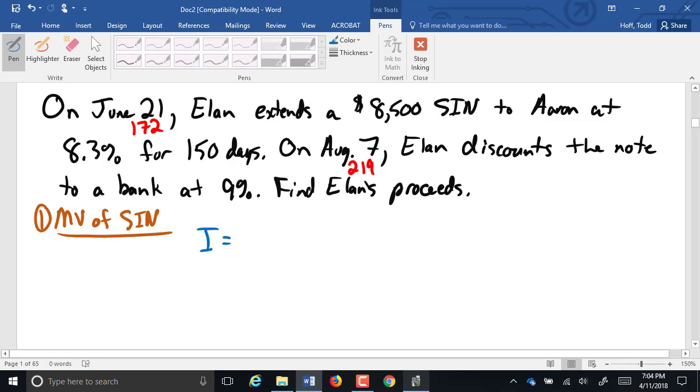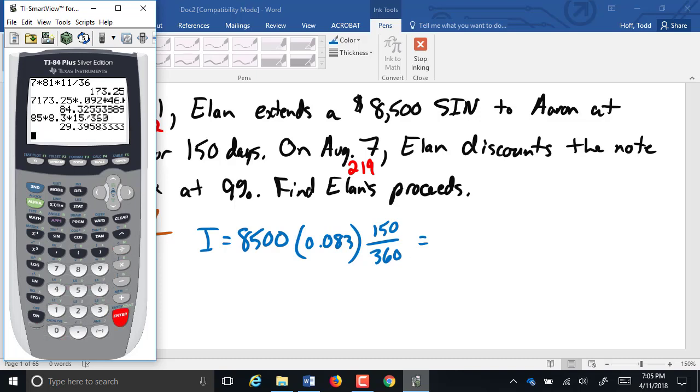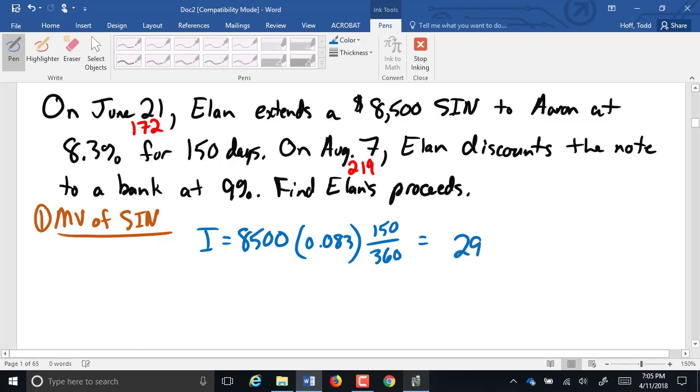Interest is going to be the $8,500 principal times 0.083 for the 8.3% times 150 over 360, which is $293.96 for our interest.